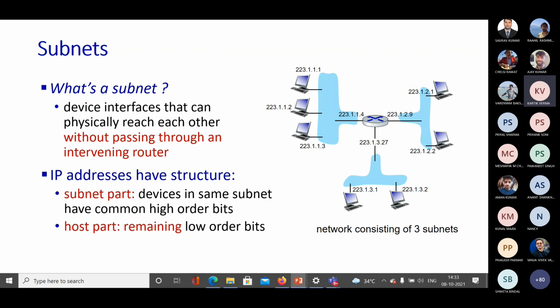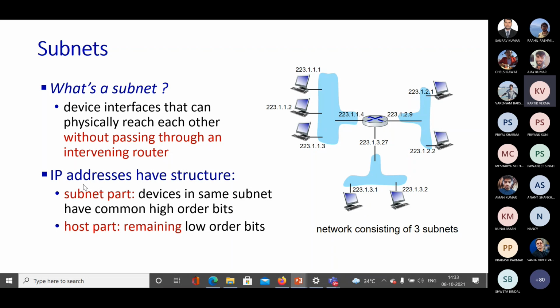The first is your house number, then your street address, then your colony, then your city, and then the pin code of your city. Similarly, with IP addresses we are classifying the address in such a way that it becomes easier to find the host.